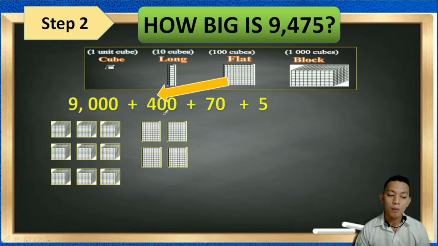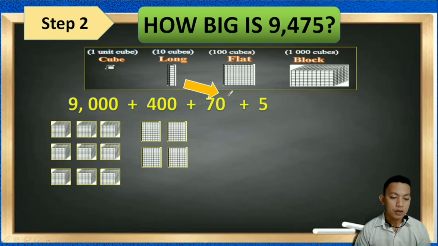We have 4 flats because 1 flat is equal to 100. So 100 plus 100 plus 100 plus 100 is equal to 400.